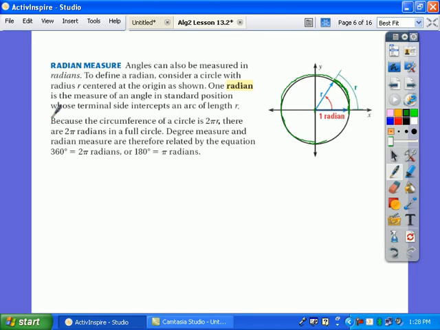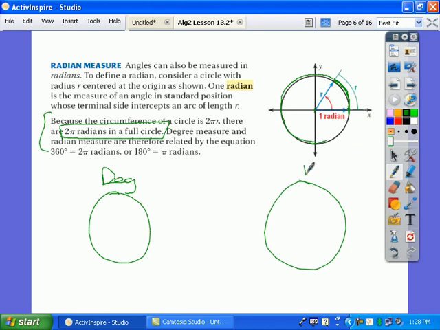In the same way that if I have my circle here and I want to talk to you in degrees, how many degrees is it all the way around the circle? 360. We're very comfortable with that. And over here, if I want to go all the way around the circle in radians, how many radians is that? It is 2 pi.